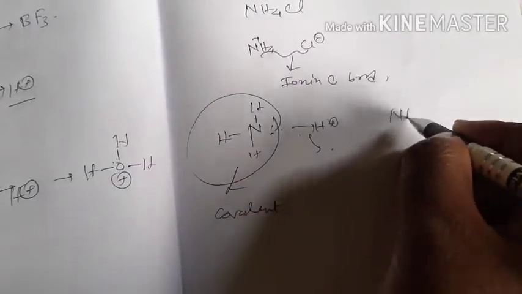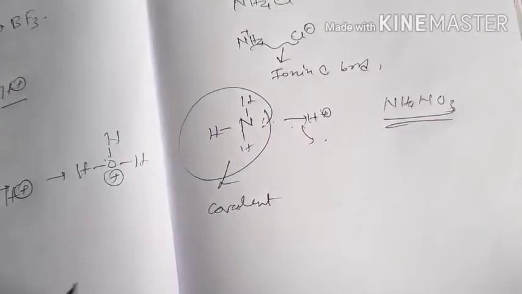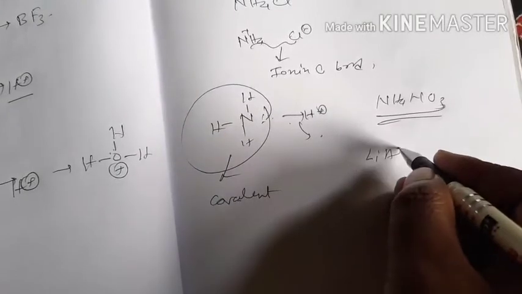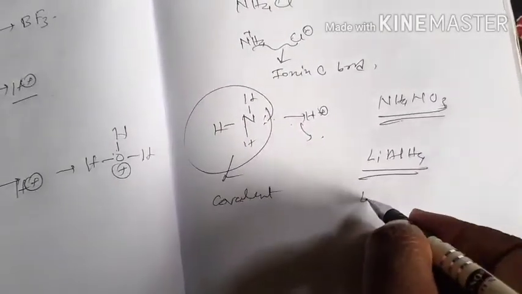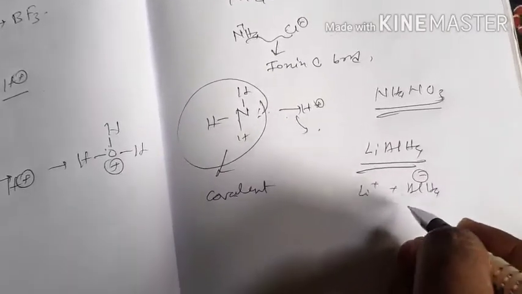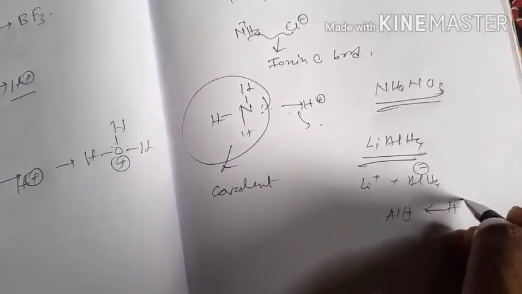Again see ammonium nitrate, NH4NO3, another compound having all three types of bond. Again lithium aluminum hydride is formed by the combination of Li+ and AlH4-, and AlH4- is formed when aluminum hydride coordinates with H-.